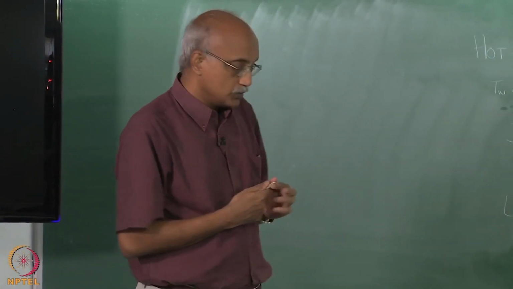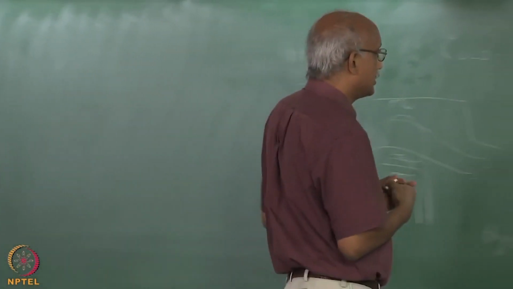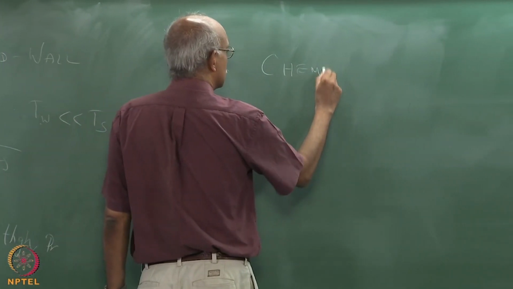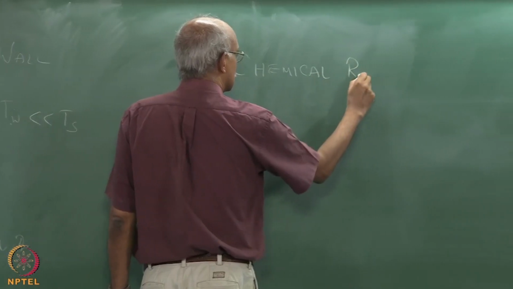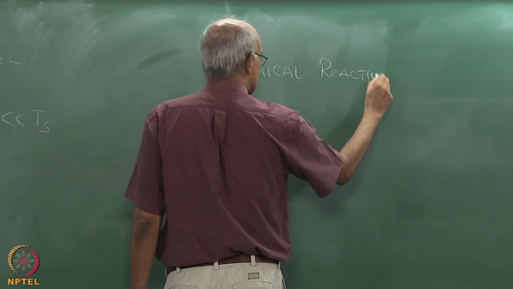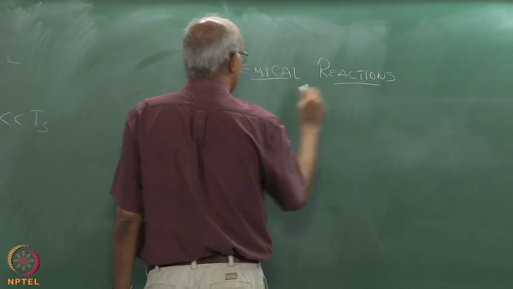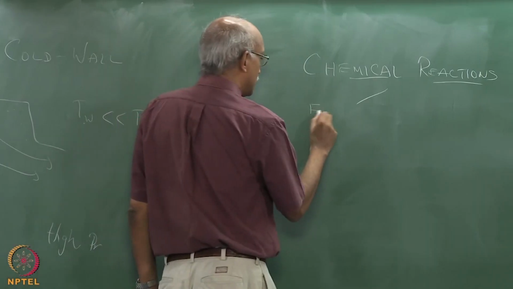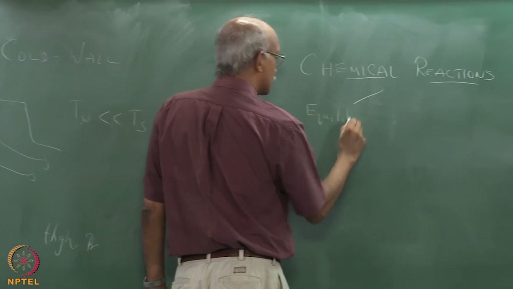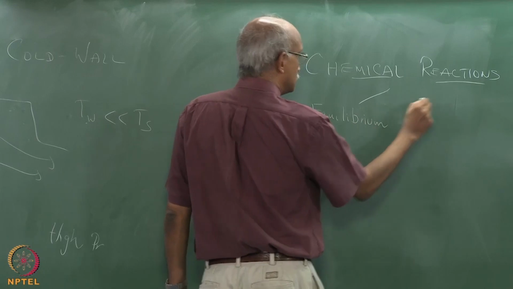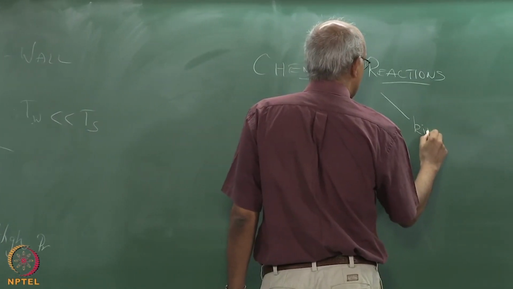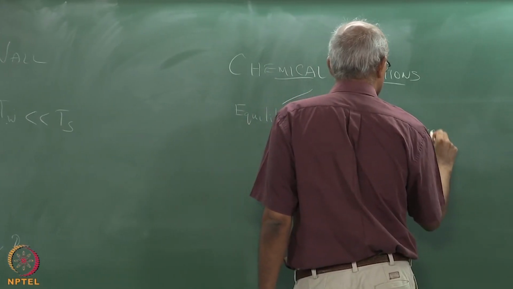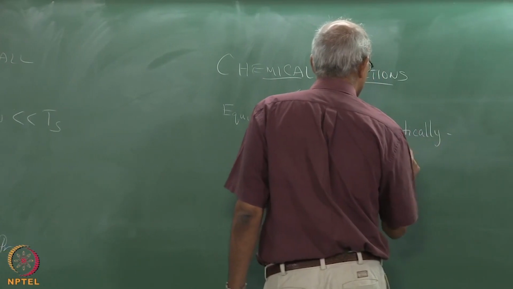So, if I were to do an analysis of chemical reactions in a CVD reactor, the two extreme cases that I can look at are one where equilibrium prevails and the other where you have a kinetic constraint.